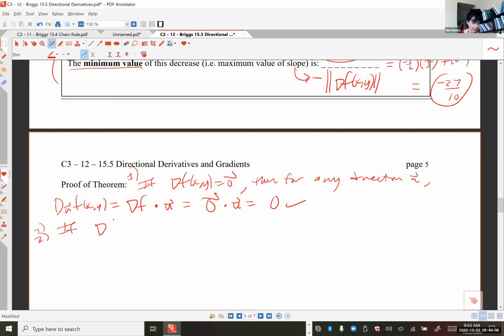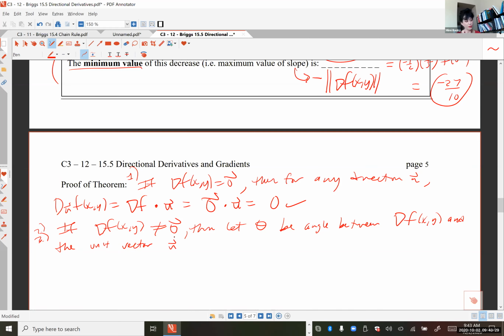If your del F is not the zero vector, in other words, it's a little more interesting, then let theta be an angle between del F and the unit vector u. That's the direction that you're trying to find your directional derivative for.